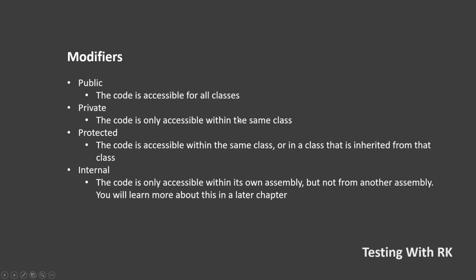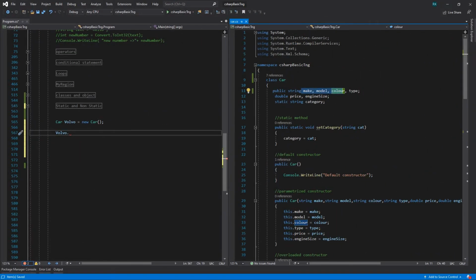The next one is private. Private is an interesting one. Okay, let me remove this bit. Now, as the word itself says, from its literal meaning, whenever we define a variable or a method as private, it will be available only to other members, other methods, to use those variables.